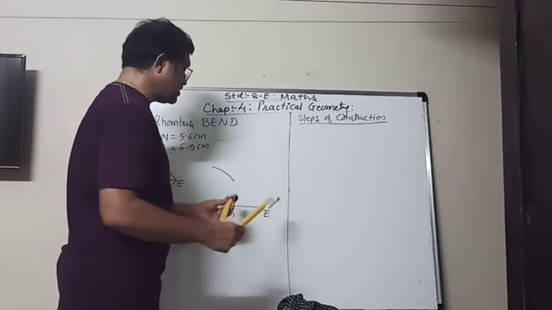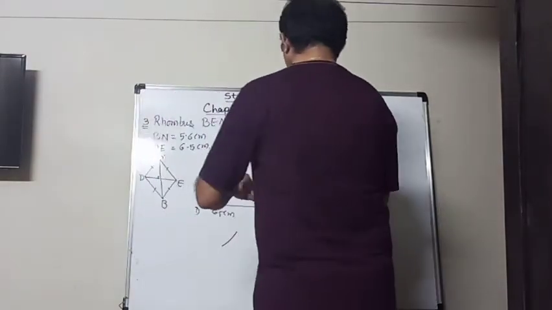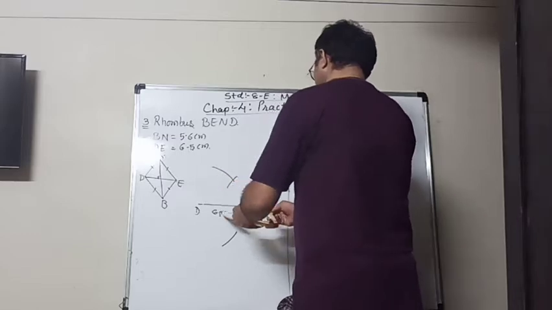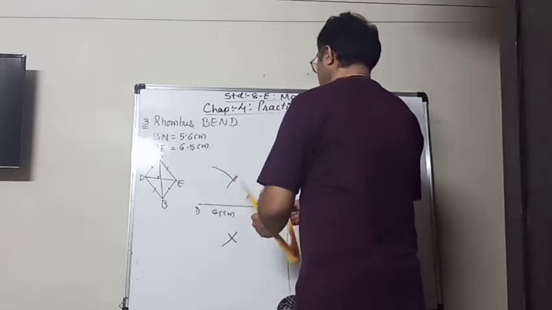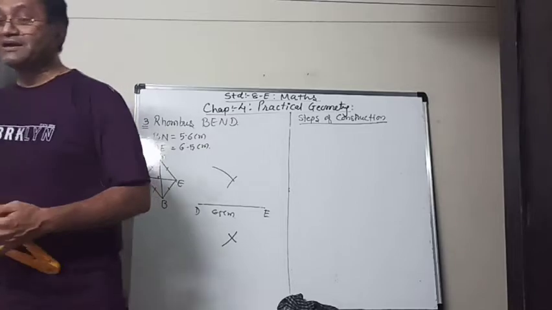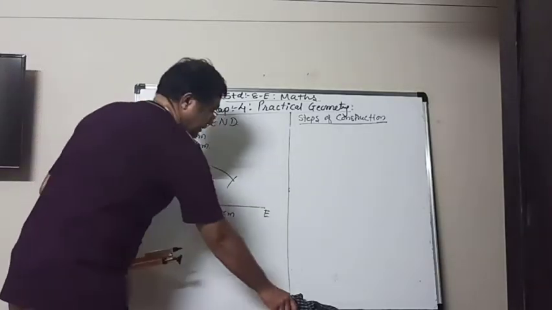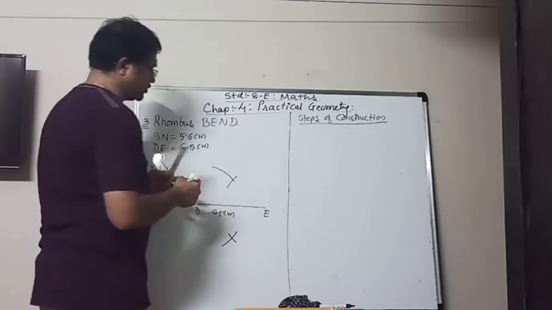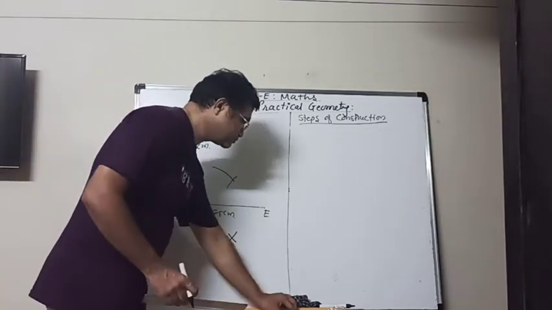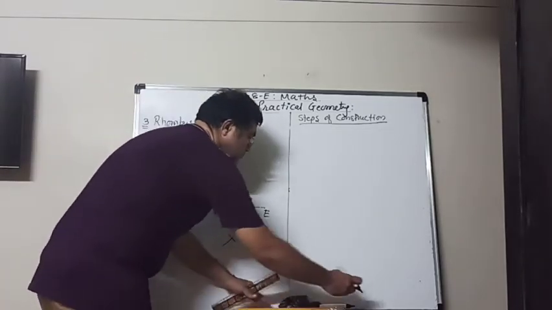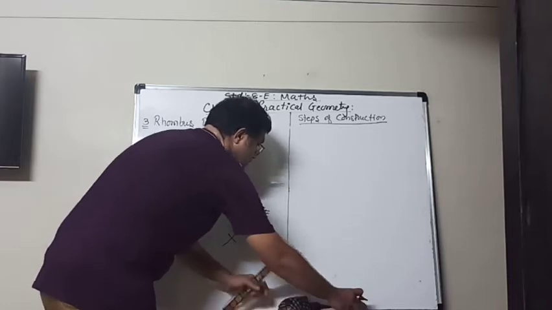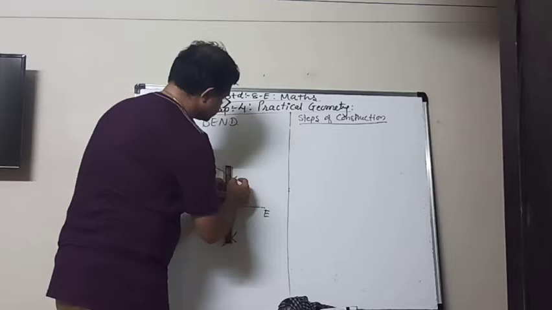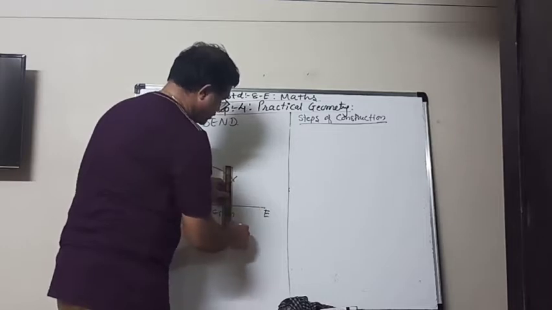Similarly from the point E also, keeping the same radius, and then you draw this perpendicular bisector. By the dotted line, or you can draw, not a problem.